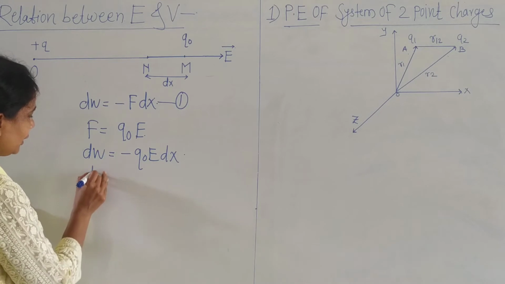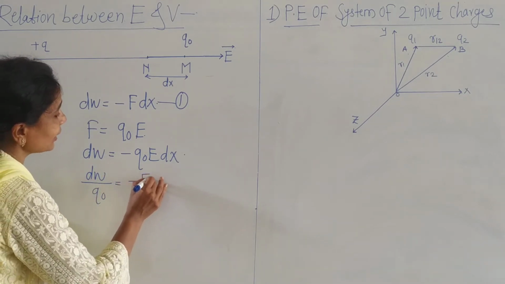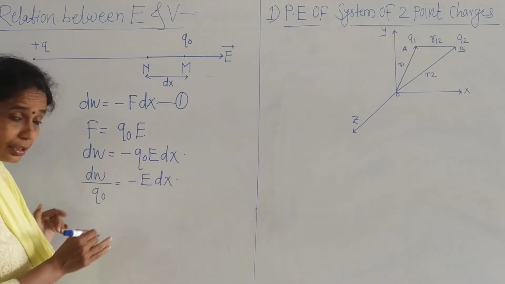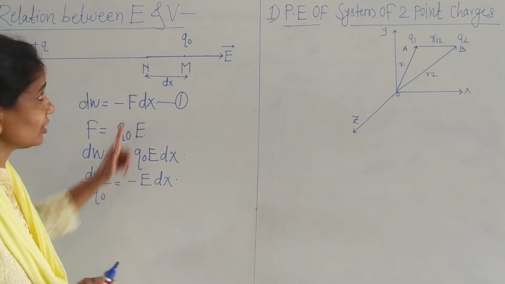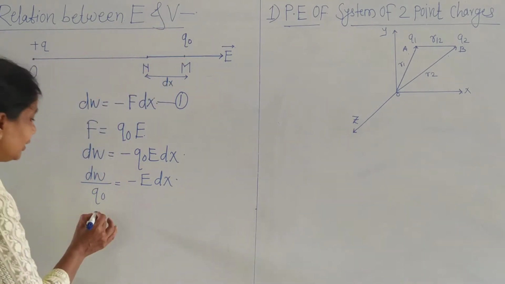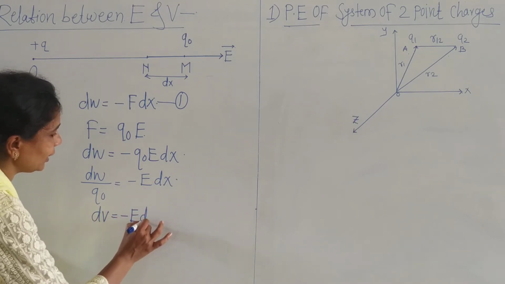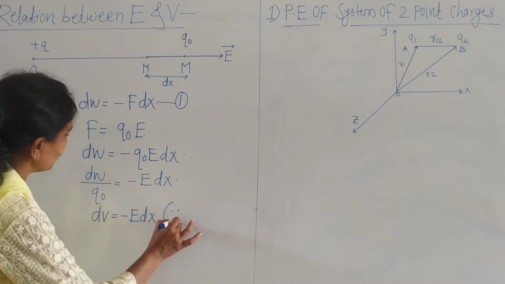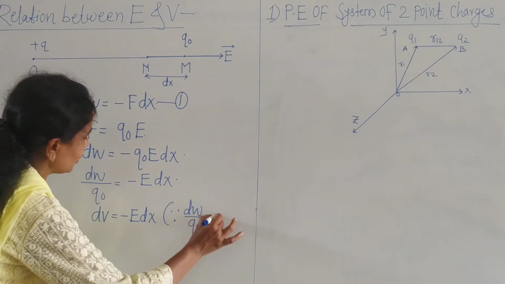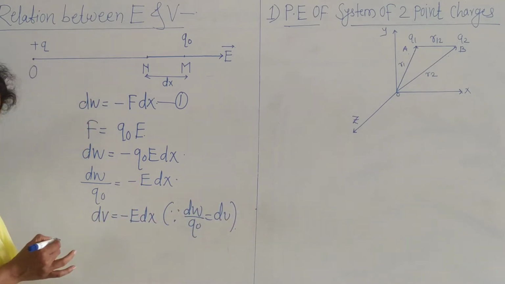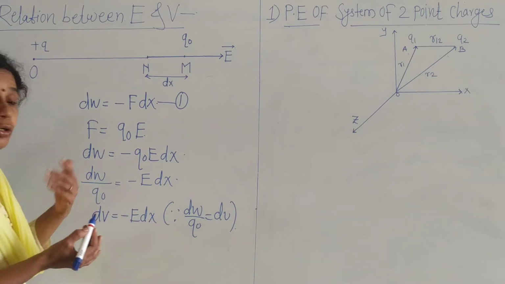Rearrange this equation: dW upon Q0 is equal to minus E into dx. Then what is the work done per unit charge? Work done per unit charge is the electric potential dV. Therefore, dV is equal to minus E into dx.